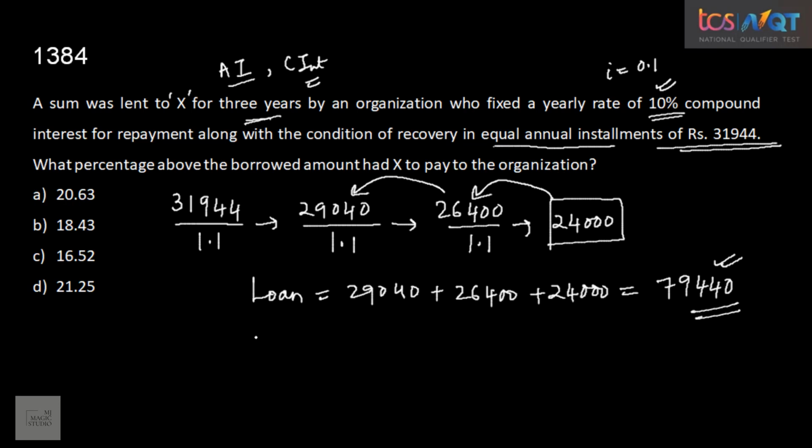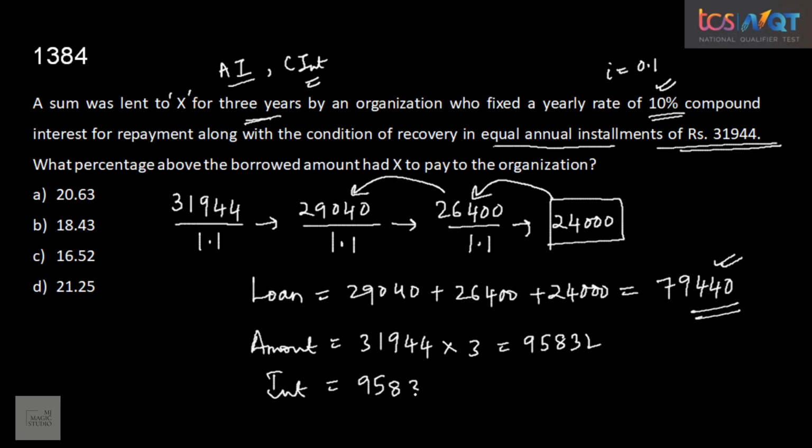Now what is the nominal amount paid by him? The nominal amount paid by him is 31,944. He has paid 31,944 in 3 installments, 3 times, that comes to 95,832. That means overall interest paid by him is 95,832 minus 79,440, which equals 16,392.